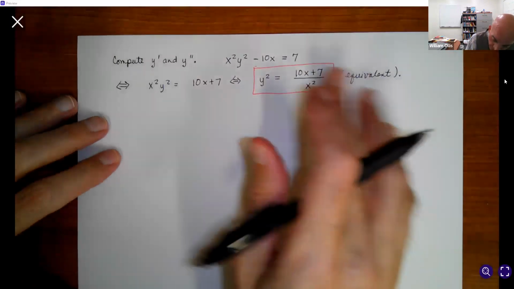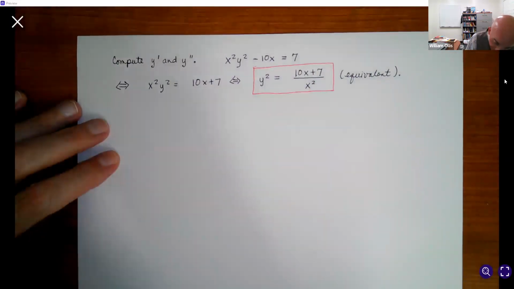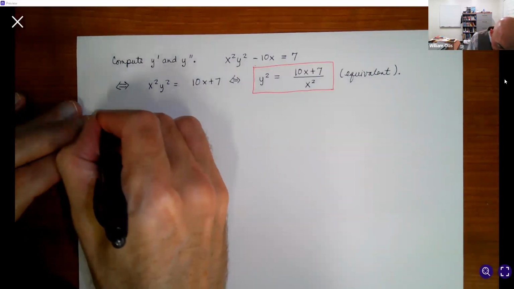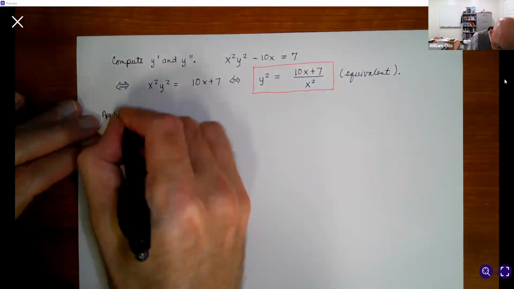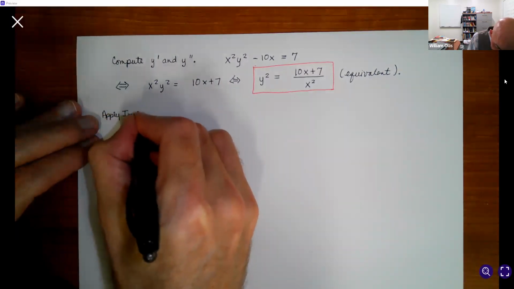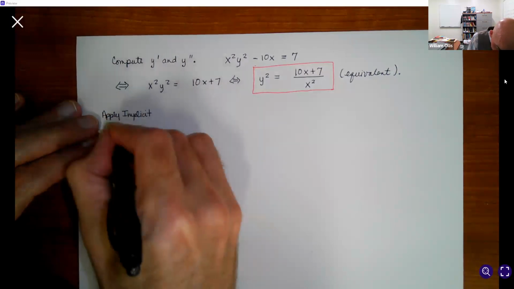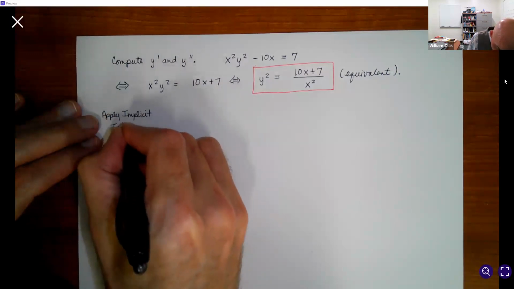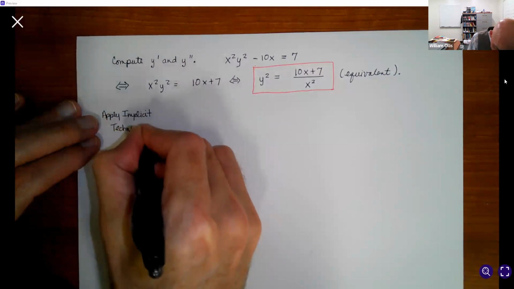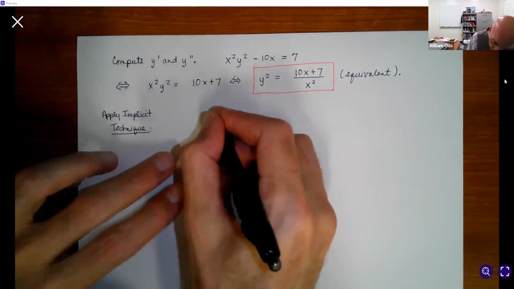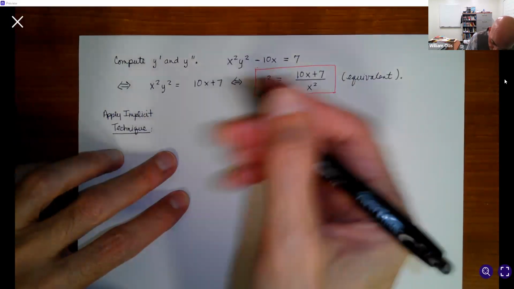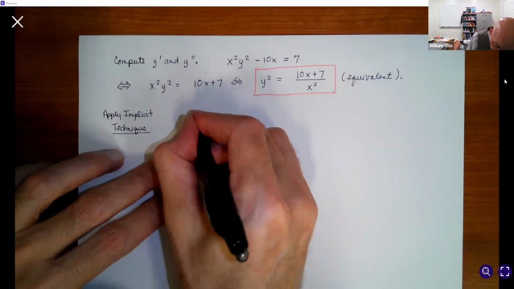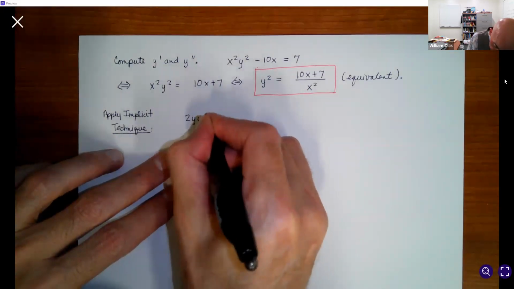So now when we differentiate, we'll apply the implicit technique. So now we'll apply the derivative. Now that we've become professional, we have what? 2y, y prime.